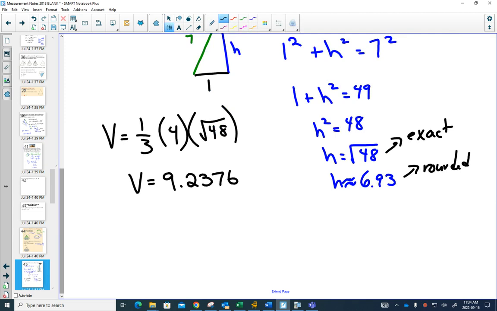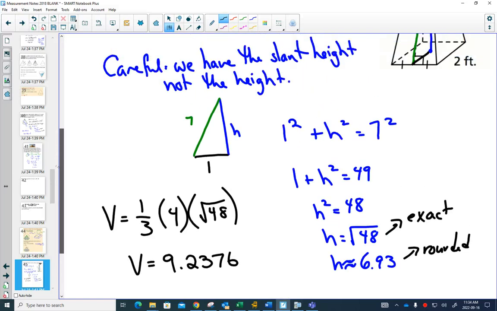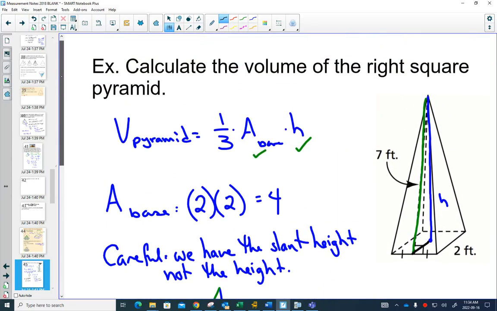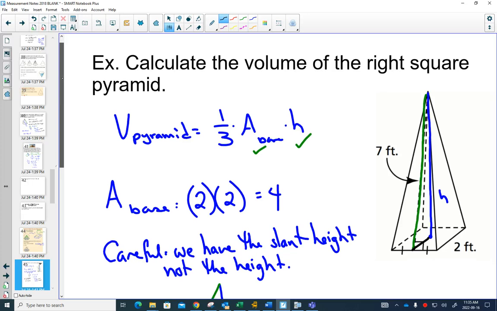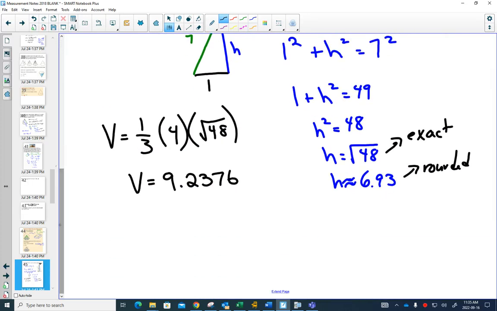So you can check. You should be having a calculator with you as you're doing this. Whenever we do calculations, you should try to be one step ahead and have those calculations already done. I'm going to reread my question to check for rounding and units. Okay, calculate the volume. It's feet. And do you see how the question didn't ask how many units?